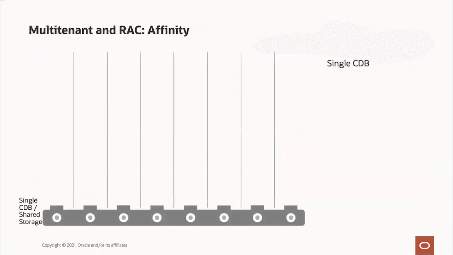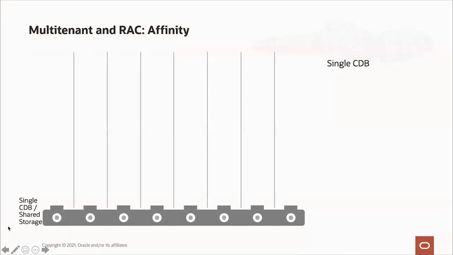So another example of the sort of agility that we can get with multi-tenant is with real application clusters, RAC. Now, multi-tenant makes RAC better and RAC makes multi-tenant better. And I'll run through the next few slides by building up a real application clusters environment with multi-tenant involved.